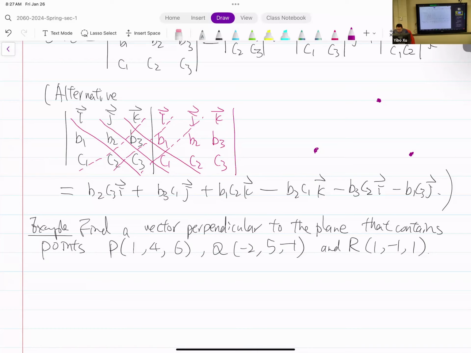But in the unfortunate case that this third point is along the line through this first and second point, then that's only defining the line, right? Then you will be able to include another point. But here it looks like P, Q and R are not really along the same line. So we are able to actually determine it from calculating the vectors.